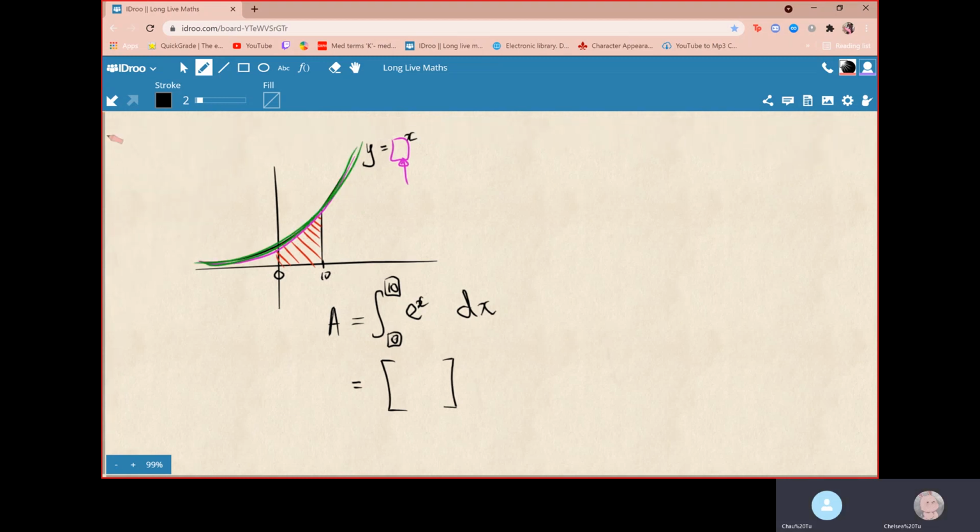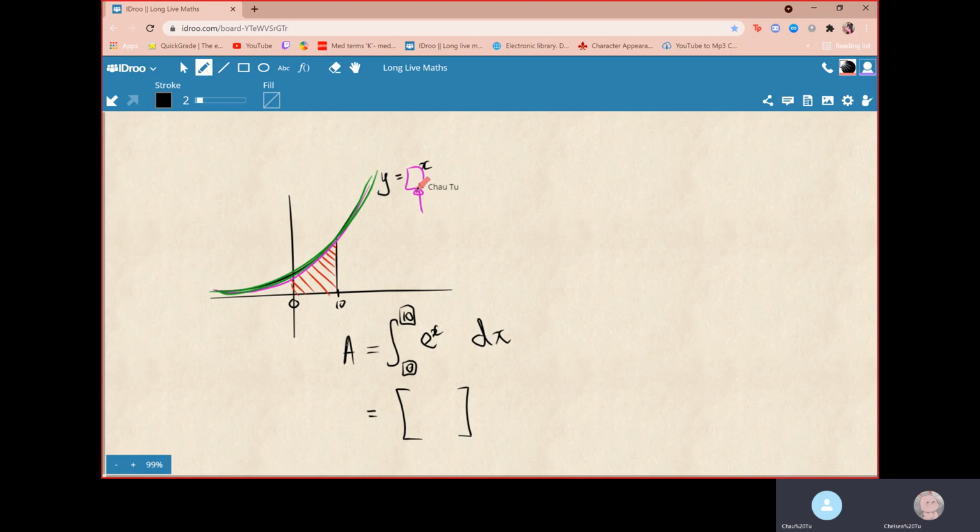It turns out to be 2.7 blah blah blah, and it goes on forever. So we just give it a special letter, e, to represent that weird number. But the thing is, when you differentiate it, it will be its exact same self. So when you differentiate e to the power of x, it is e to the power of x.